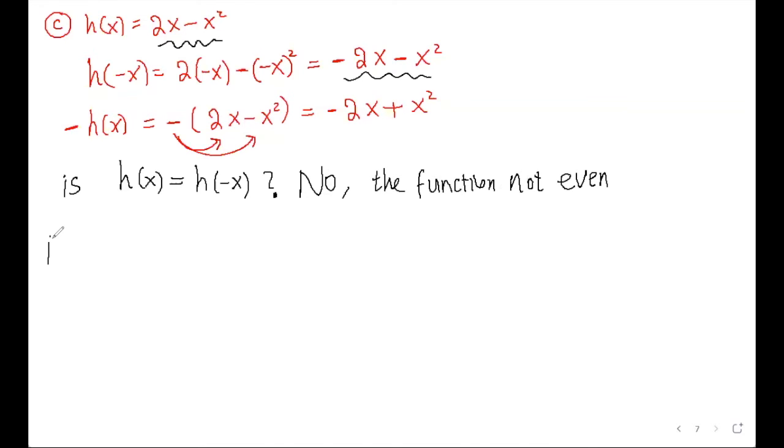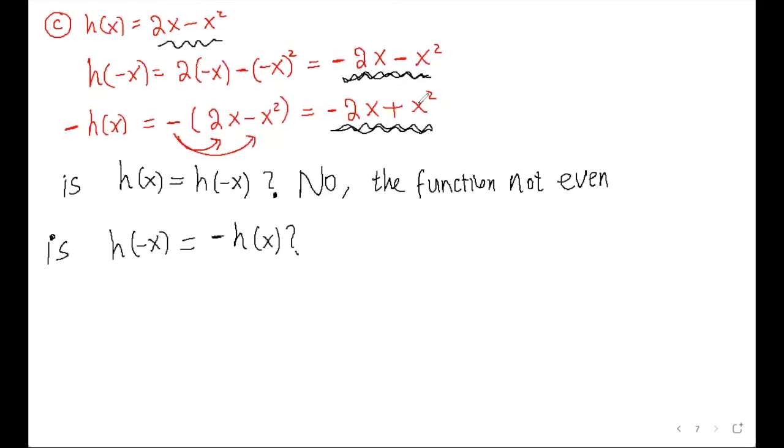Now, second question: is h of minus x equal to minus h of x? Is this function here equal to this one? We have here minus 2x minus x squared.